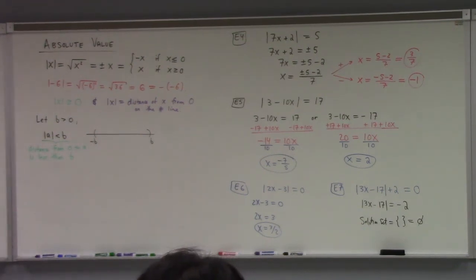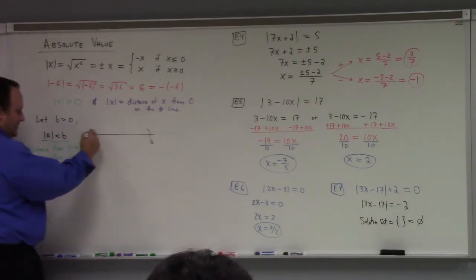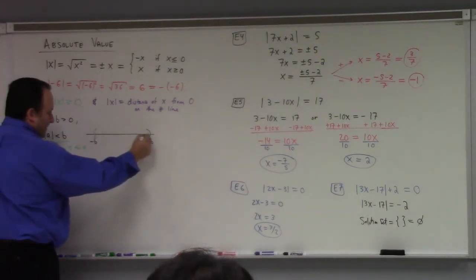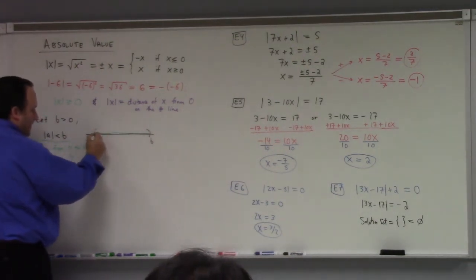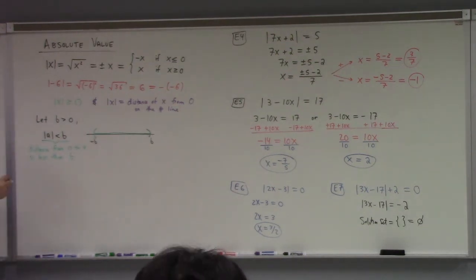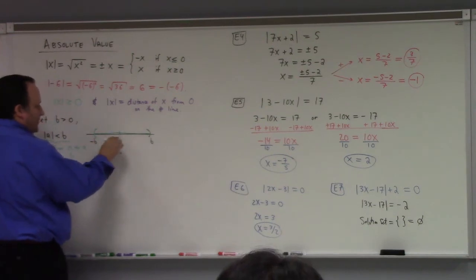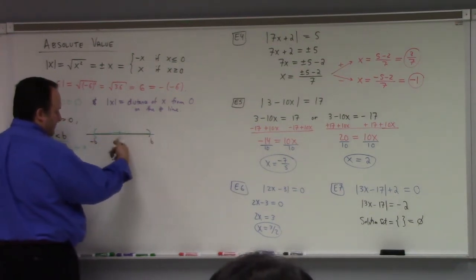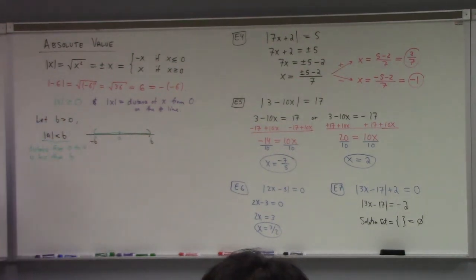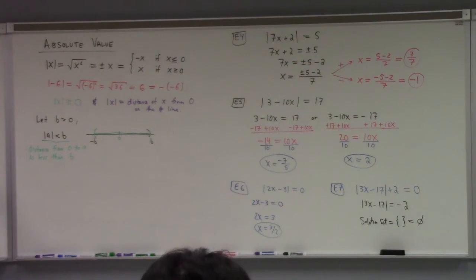So that's exactly this, right? Because from the origin, you can go at most B that way or B that way. The distance in both cases is B, to the right or to the left, but you're within B units of the origin.